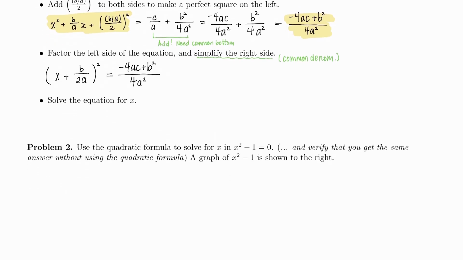The last step tells us to solve the equation for x. Just like when we complete the square, I need to get rid of the power of 2, so I'll take the square root of both sides.